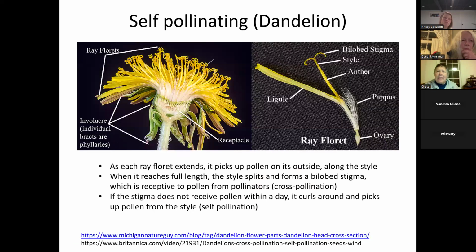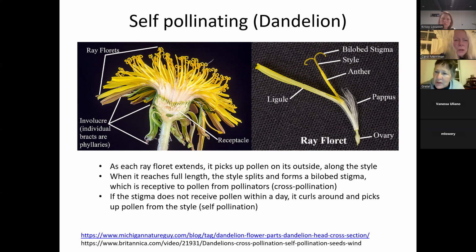So this is how a dandelion works. A dandelion is a whole bunch of flowers in one. That's in the right picture. That's what a dandelion flower looks like. And the style comes out of the middle of the anther and picks up pollen on its outside. And the stigma opens up and waits for foreign pollen to come in.